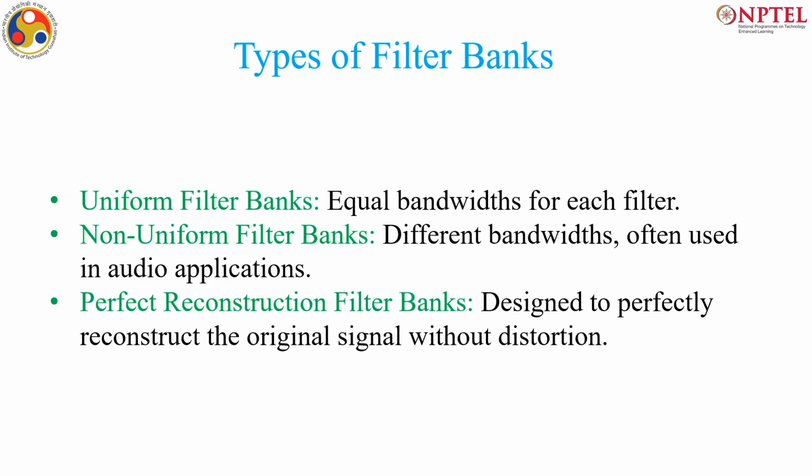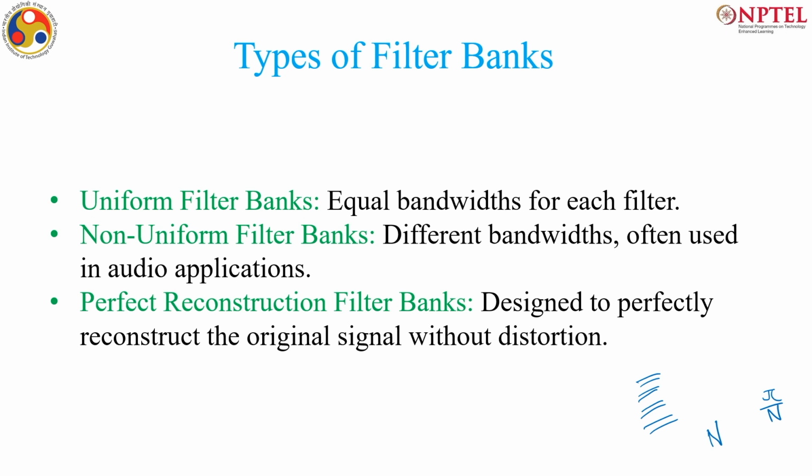There are several types of filter banks, like the uniform filter bank, which I mentioned, such as the DFT filter bank. It will analyze a specific region of frequencies, and if there are say N filters in the filter bank, then each will take care of a pi by N frequency range in the digital domain.